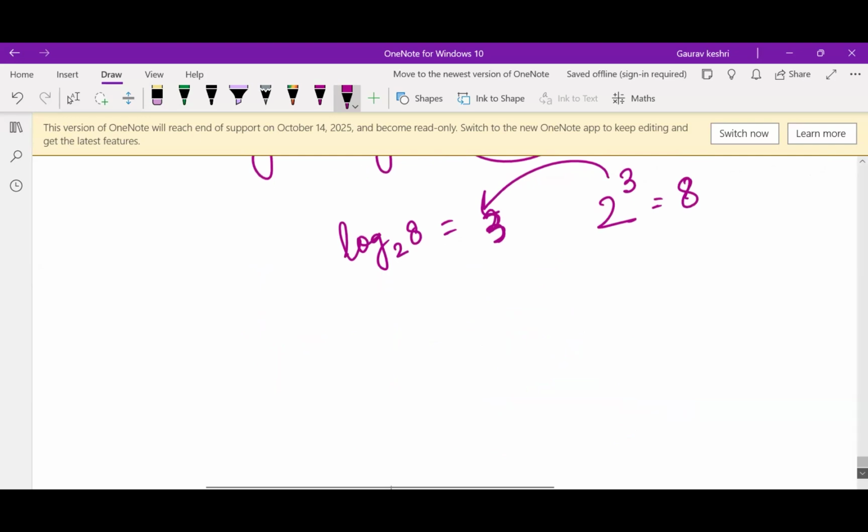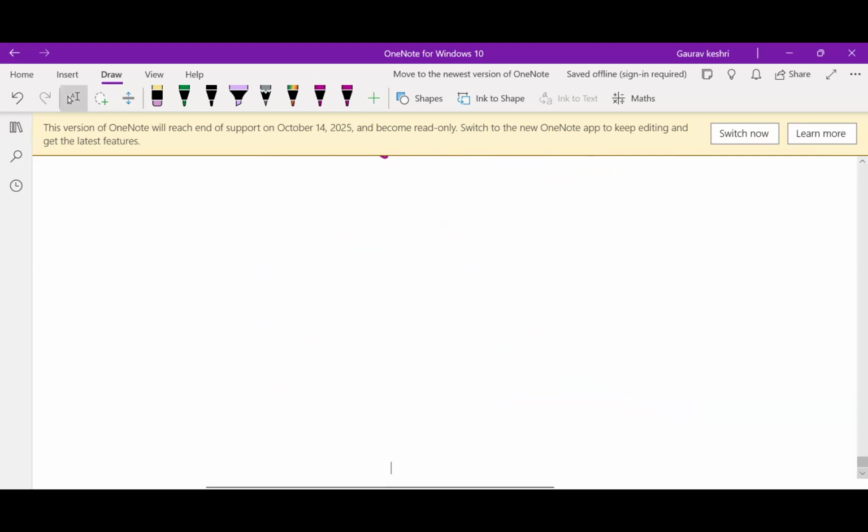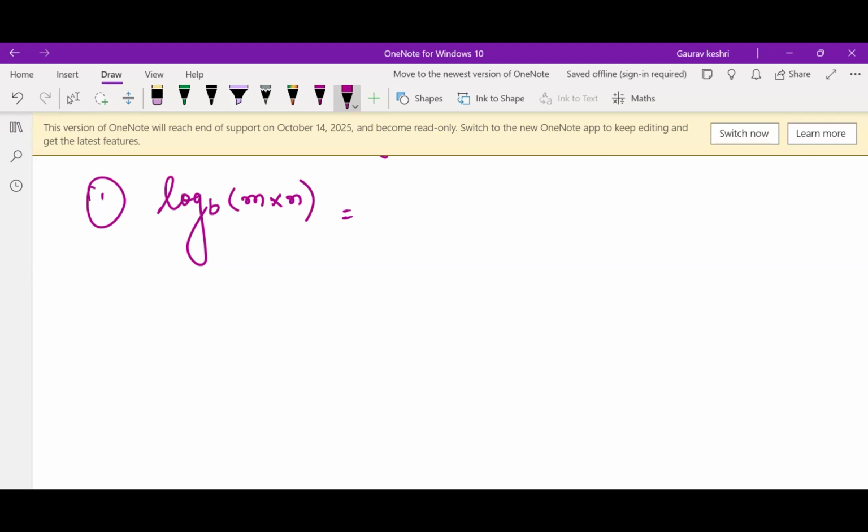The first property of logarithm is, whatever be the base, let's say a or b, if we are having m into n, that can be written as log m, the base will remain the same, plus log n. Getting it? This is one of the formulas we have.